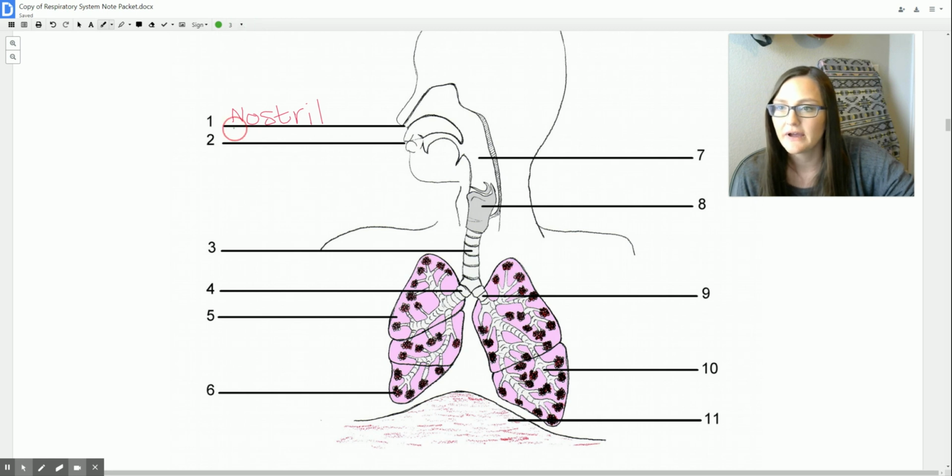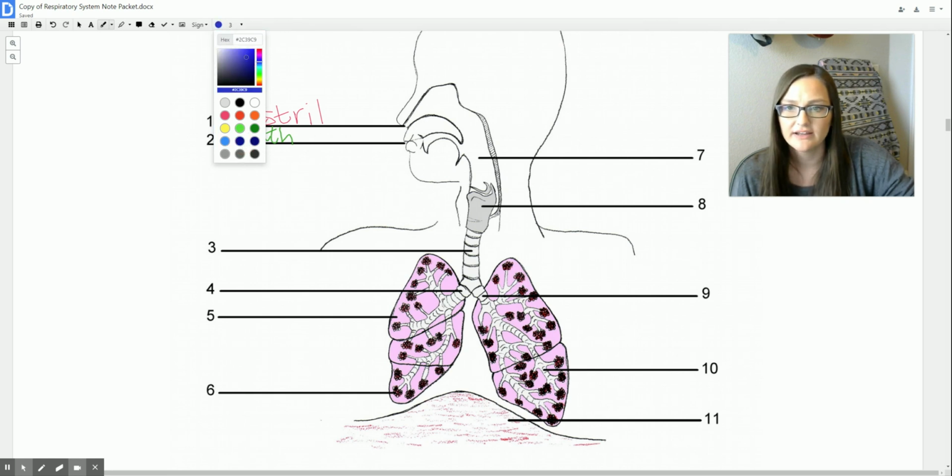Number 2 is going to be the mouth or the oral cavity. You can refer to it as either one unless otherwise specified. So there's your mouth. And then we are, let's see if I can color code again. All right, let's go to number 7 as it's the next directional choice.